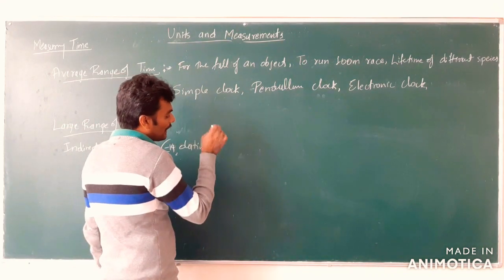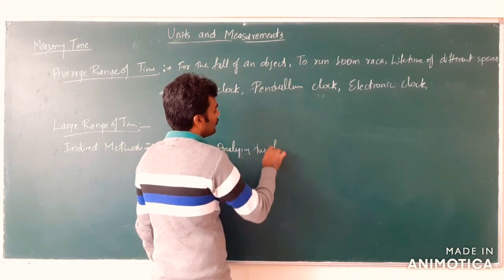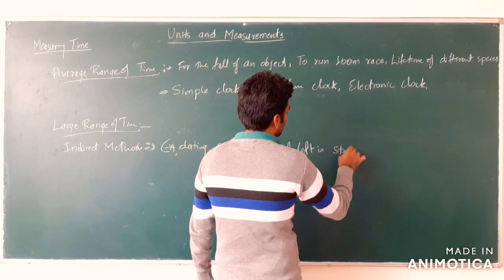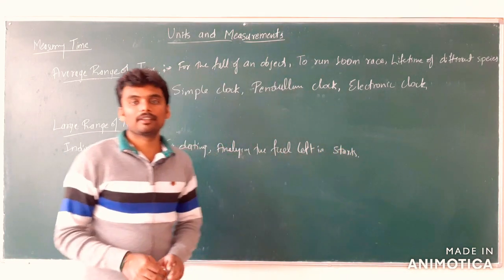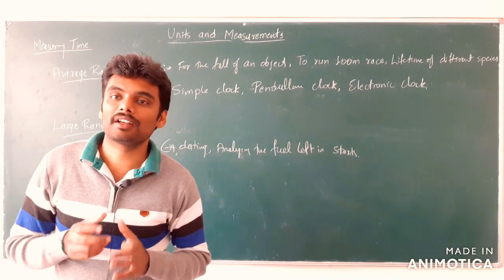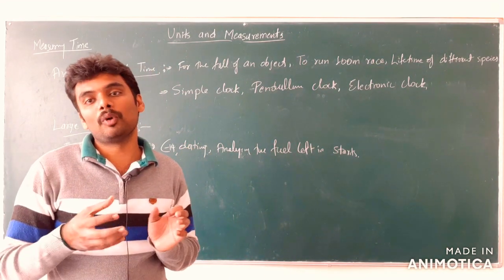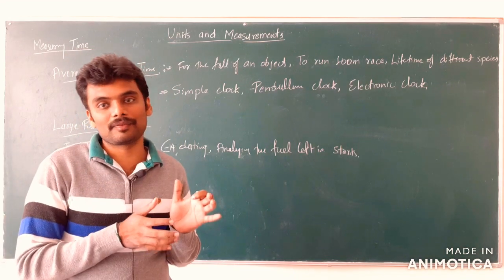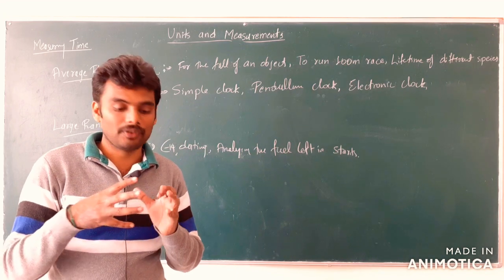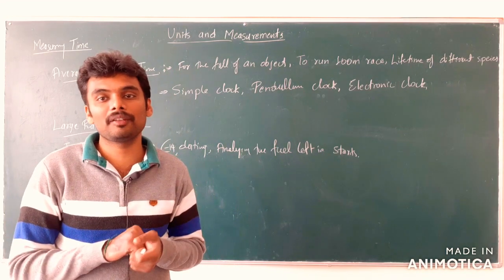And we also analyze the fuel left in stars. What is this fuel? See, hydrogen is the fuel for sun, isn't it? If we can estimate the amount of hydrogen left in the sun or the amount of helium that the sun has, that will give us the idea about age of sun, because the phenomenon happening inside the sun is nuclear fusion.